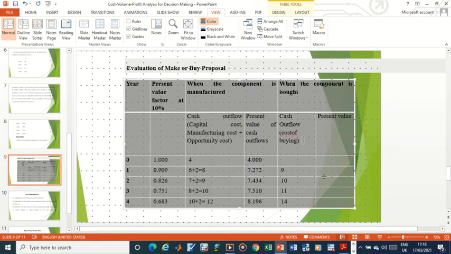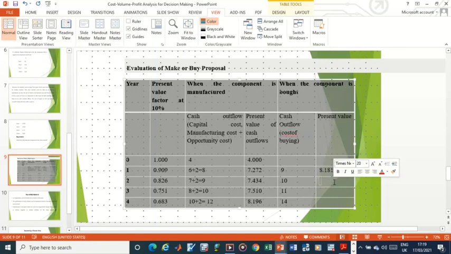So to know the present value, based on the PV factor at 10%, of course, we are going to omit this place because we don't have any value for that year. So the next one is 9 million multiplied by 0.909 will give us 8.181.